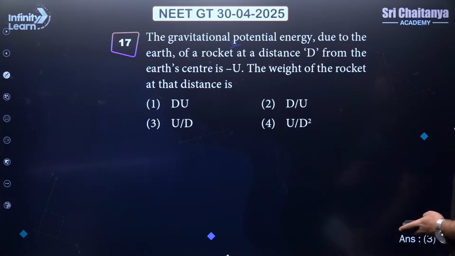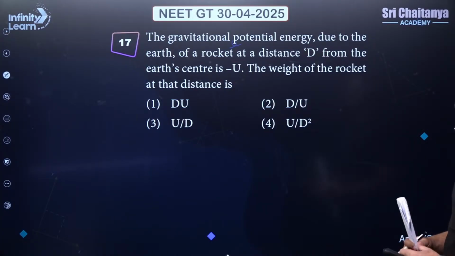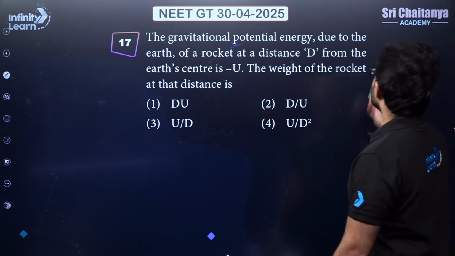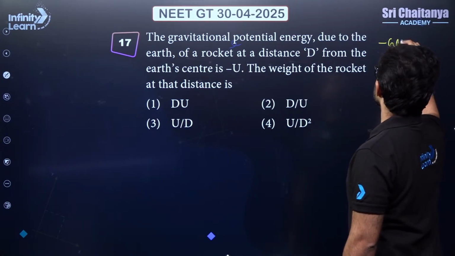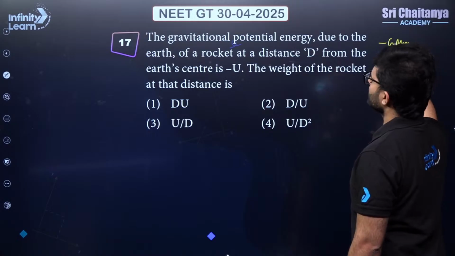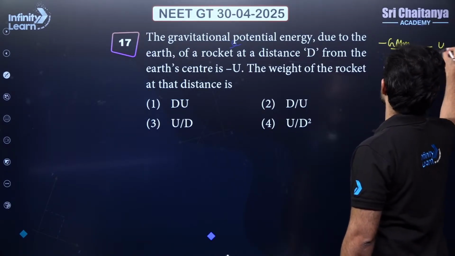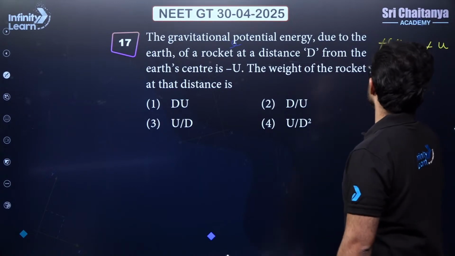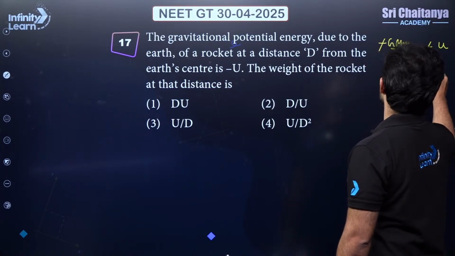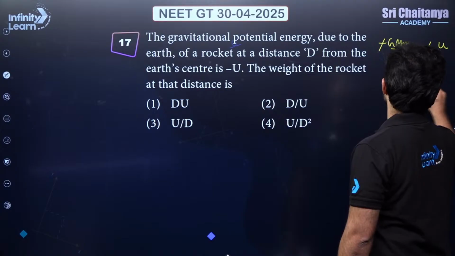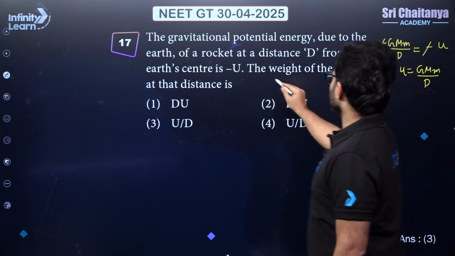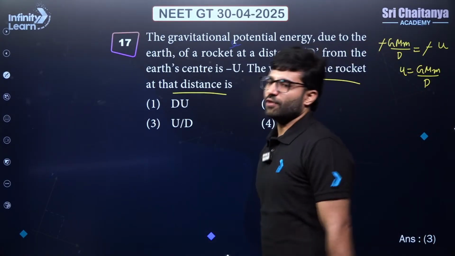Next. The gravitational potential energy due to the earth of a rocket at a distance d from the earth is minus U. So what is the gravitational potential energy? Minus G capital M small m by the distance between them. So at a distance d, that is equal to minus U. So from here you can calculate U. U is GMm by d. The weight of the rocket at that distance, what is the weight of the rocket?